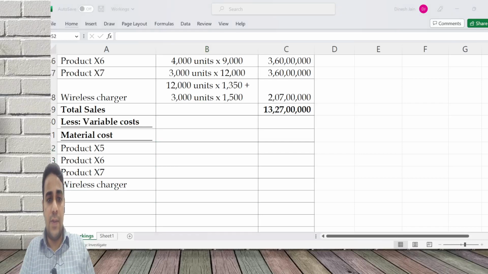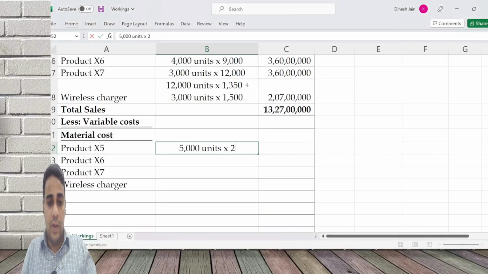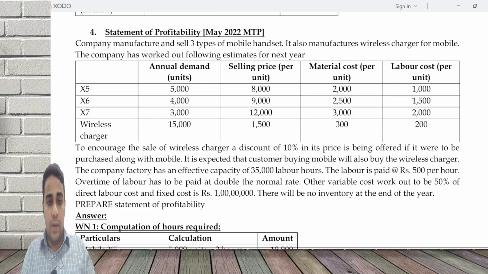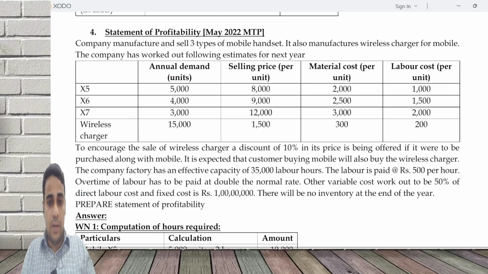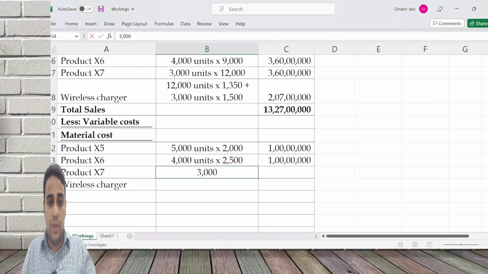Material cost is first product 5,000 units into 2,000. Second product 4,000 into 2,500. Third product 3,000 into 3,000.